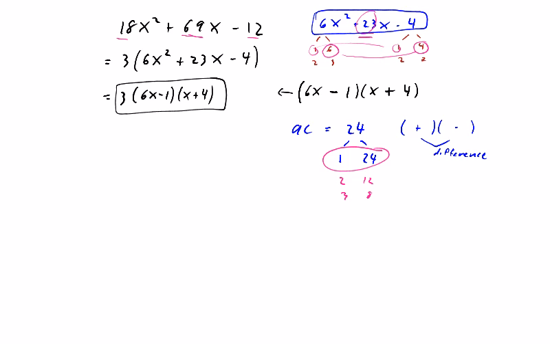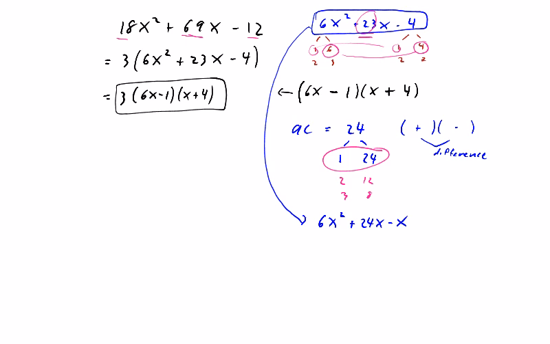So how do I use this? With the AC method, I would rewrite the expression 6x squared plus 23x minus 4 as 6x squared. Then we need to have a plus 24x minus 1x.